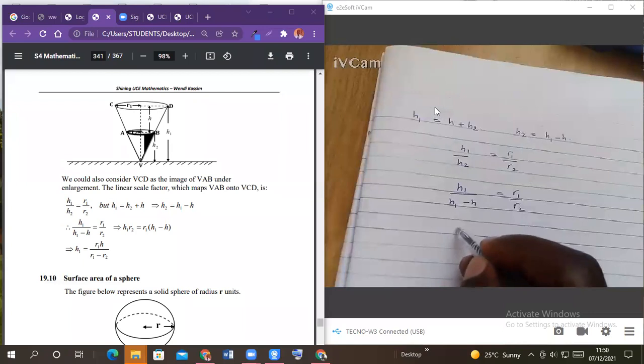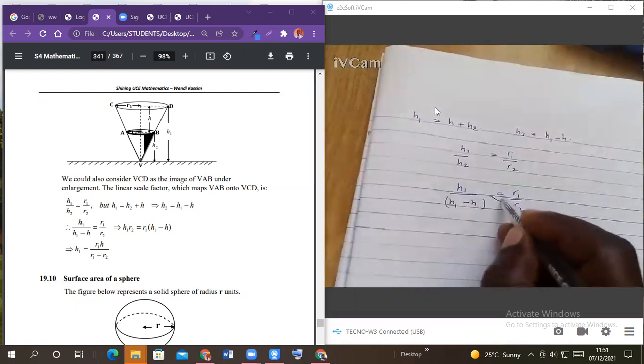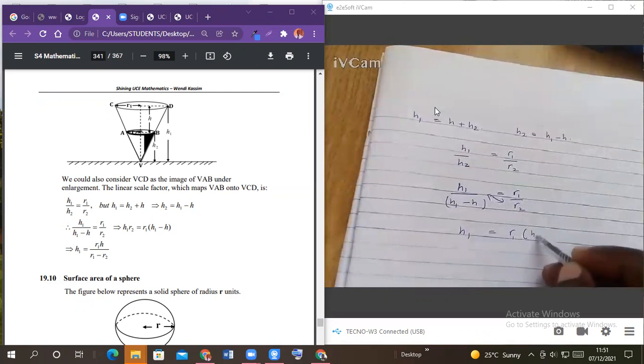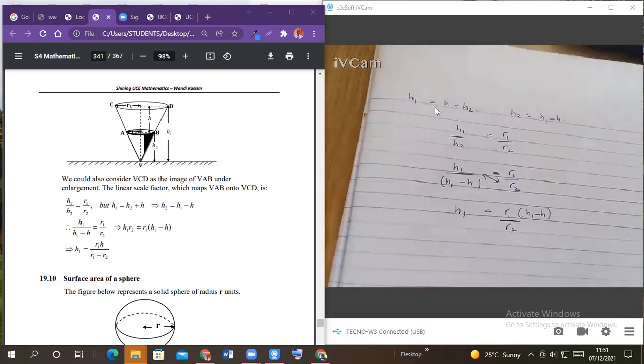Okay, so it will be understandable if we look at a question. So from here, we can cross multiply and find the value of h1. So h1 will be equal to R1 into h1 minus h over R2. Like that. Okay, so from here, if we try and open up the brackets there.